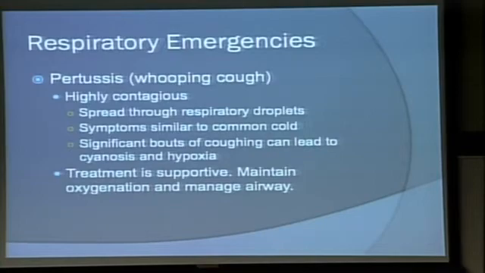It starts out with symptoms just like a common cold, then significant bouts of coughing, severe enough spasmodic coughing that you can't stop coughing, and you'll often get undersaturation, so cyanosis, hypoxia, and very young children can die from pertussis. Adults just sit and cough forever.